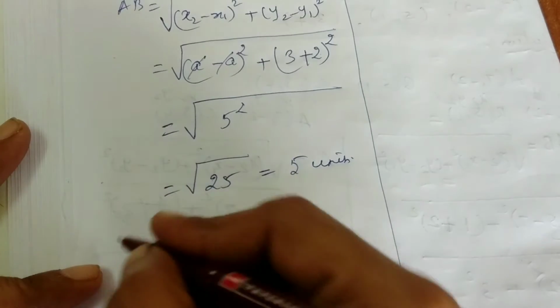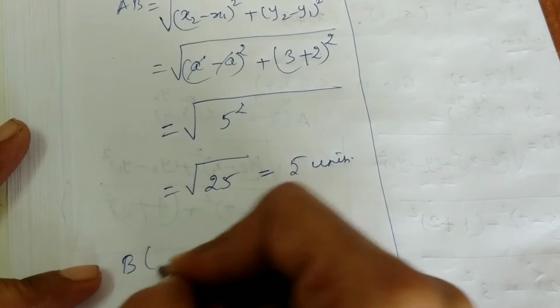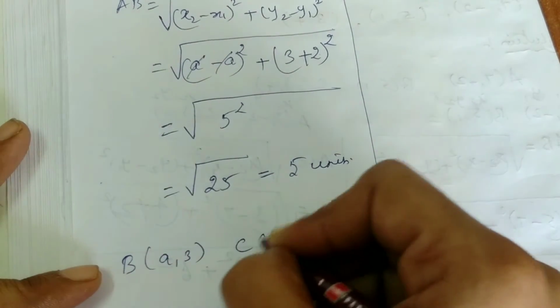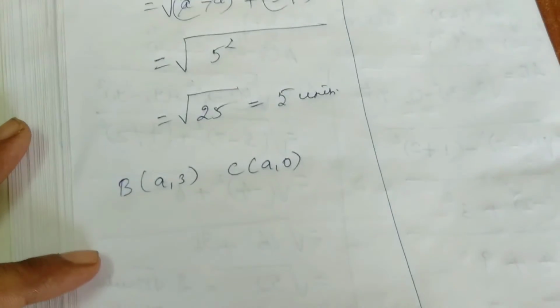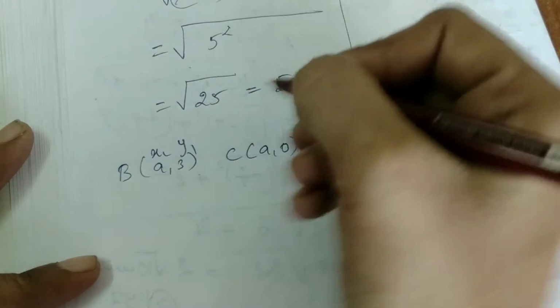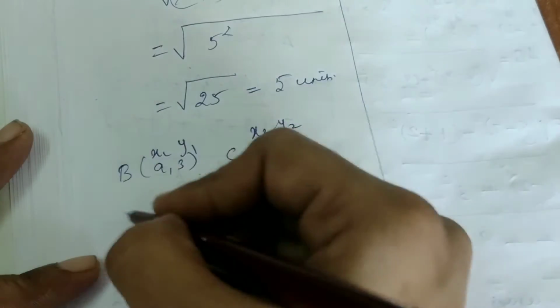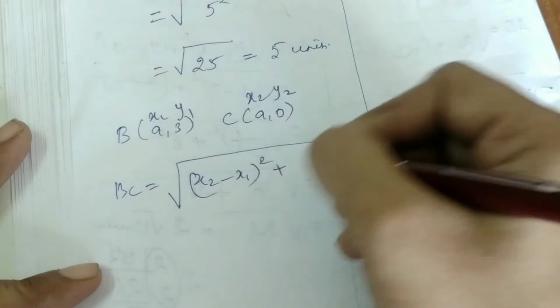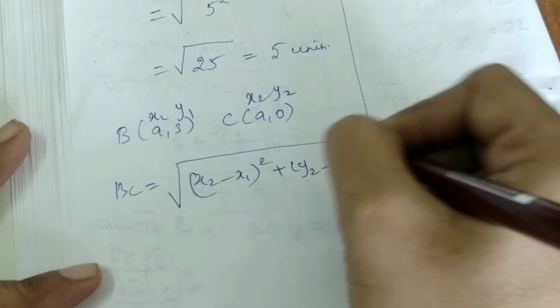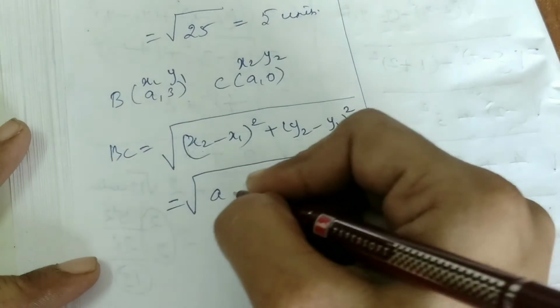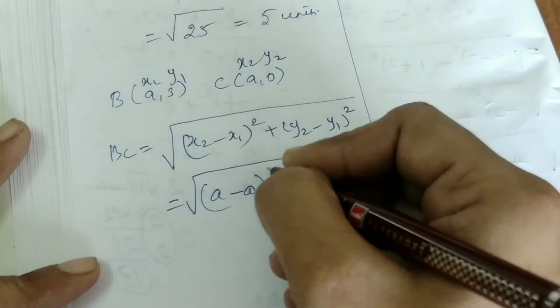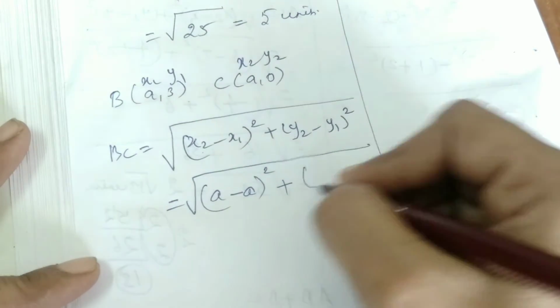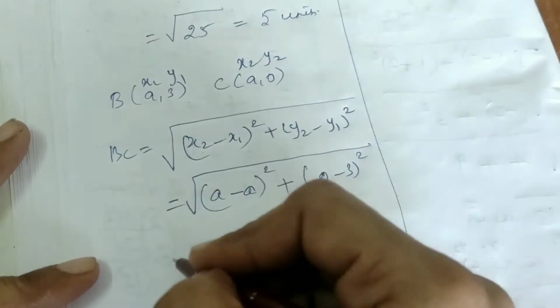Now we are going to find out the distance between B and C. B is A comma 3, our C point is A comma 0. Take this as x1 y1, this as x2 y2. So our BC distance is square root of x2 minus x1 the whole square plus y2 minus y1 the whole square, equal to square root of x2 is nothing but A, x1 is nothing but again A, A minus A the whole square plus 0 minus 3 the whole square.